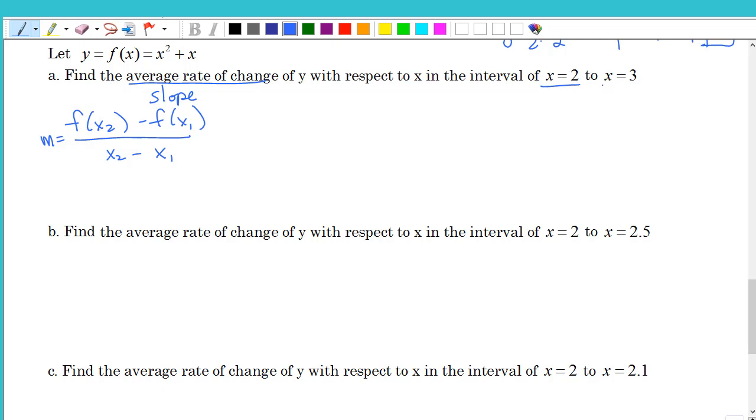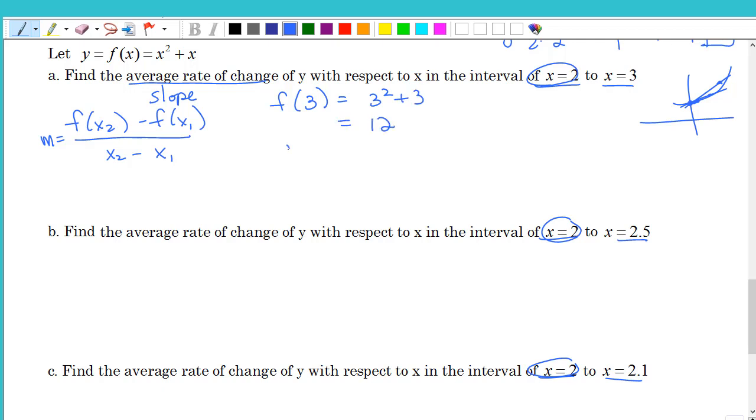So we're given our two values, and look at how this one stays the same. If you remember way back, we talked about how we had secant lines and we were getting closer and closer. And this is what this is going back to. So I have to evaluate the function at 3. I'm going to say 3 squared plus 3, that's 12. And I need to evaluate the function at 2.